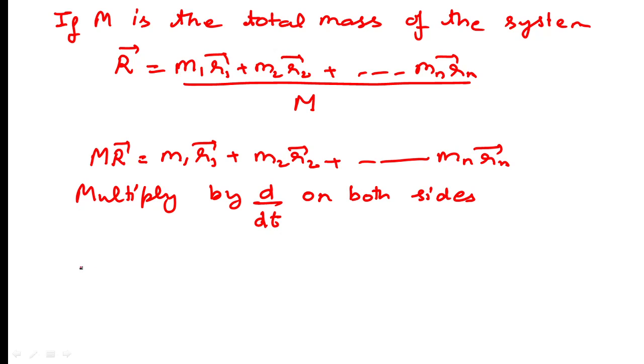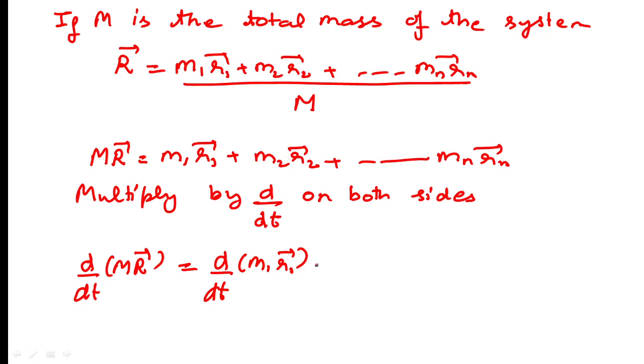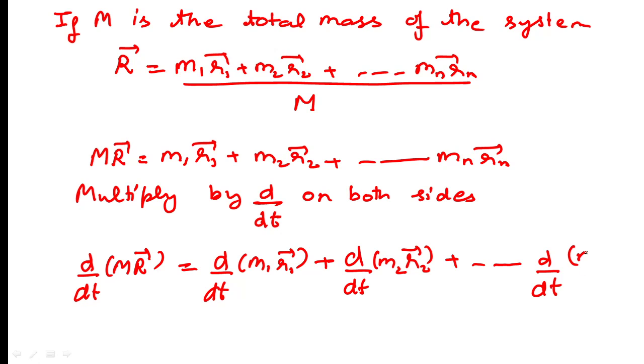On multiplying, what do we obtain? d upon dt of M R equals d upon dt of m1 r1 plus d upon dt of m2 r2 plus up to d upon dt of mn rn. The constant term comes outside the d upon dt. The constant term is the mass, because the mass of a body never changes, so it comes outside the d by dt.